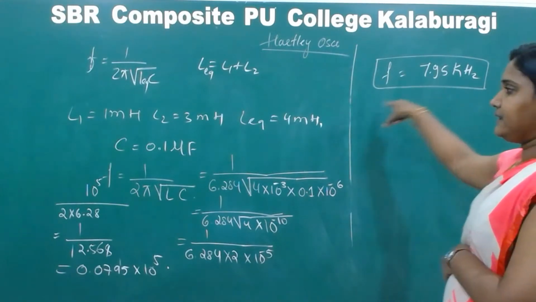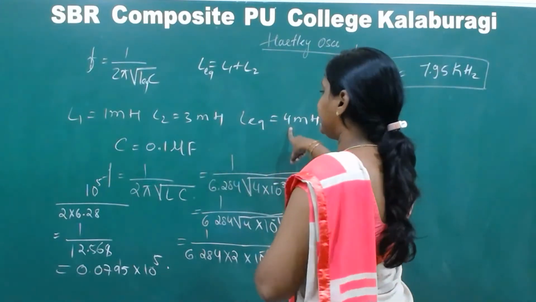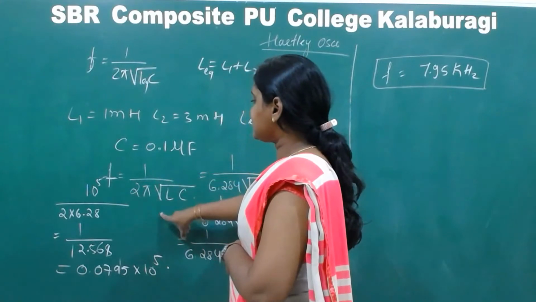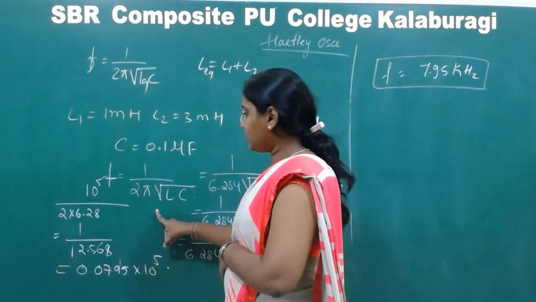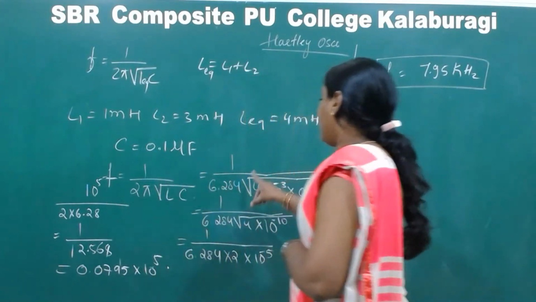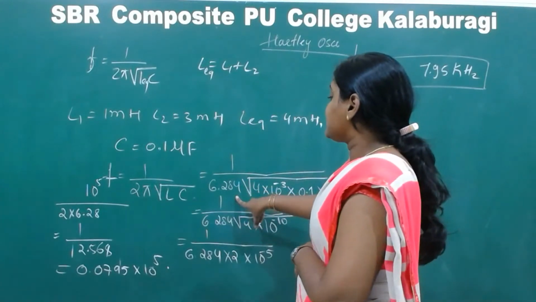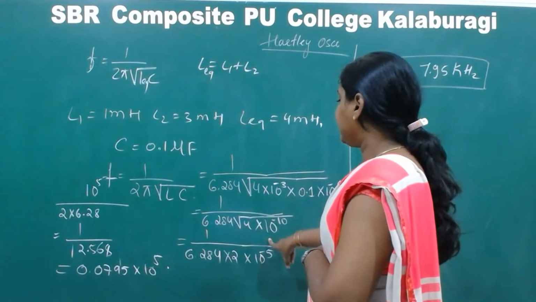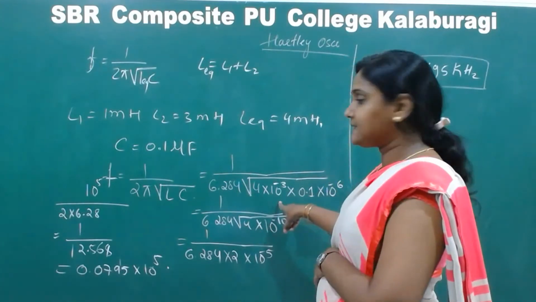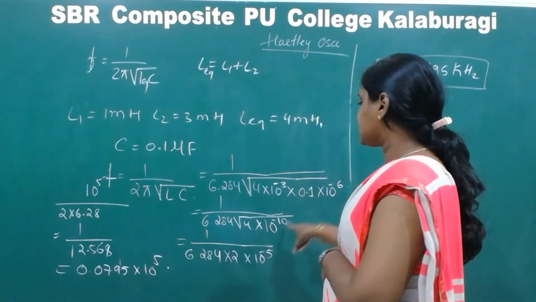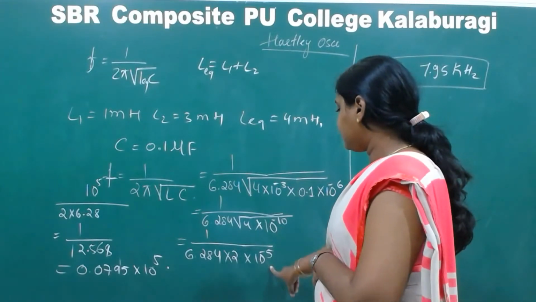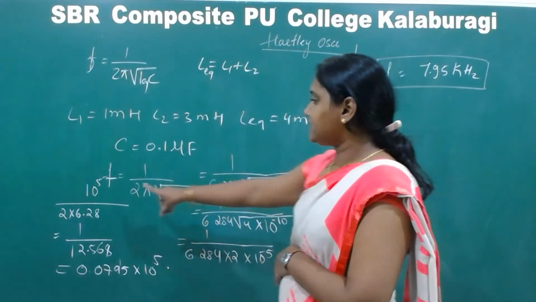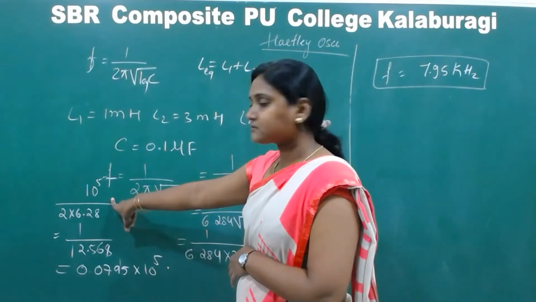So how we have calculated, taking the values, we have taken the equivalent as 4 millihenry. Here the frequency expression is given by 1 divided by 2 pi under root LC. 1 by 2 pi means 6.284 into under root 4 milli, 10 to the power of minus 3, minus 1, minus 6, total minus 10. Giving the value as minus 5 outside the root, in the numerator it is going to become plus 5.